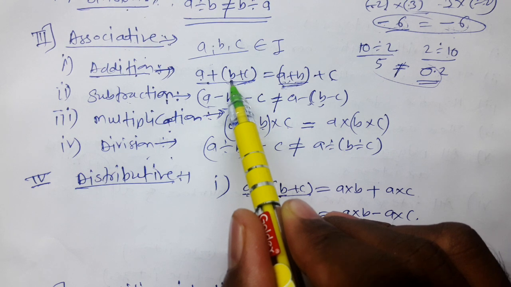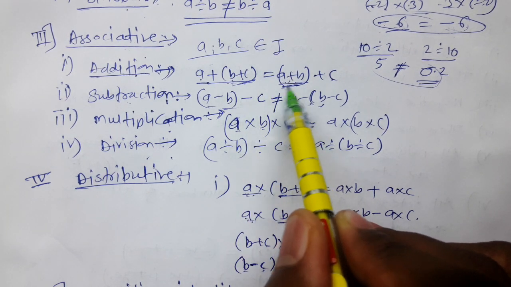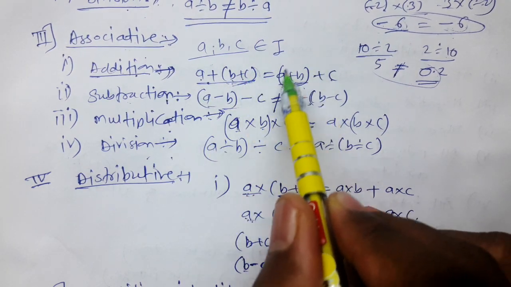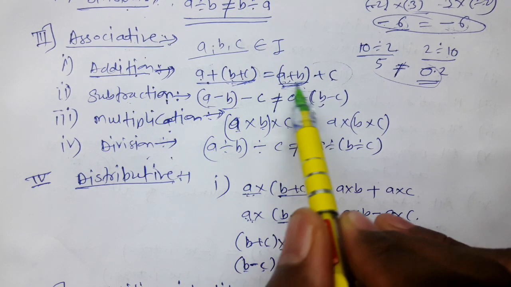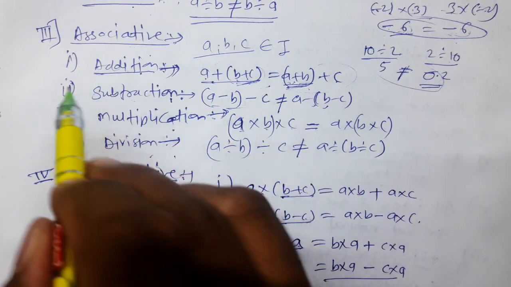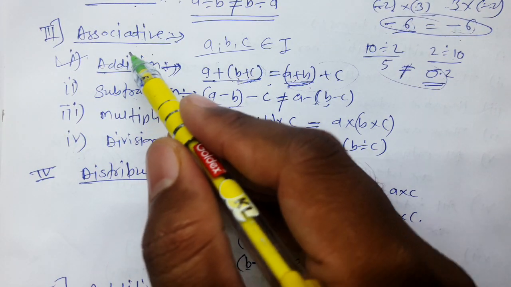First, put a bracket for b and c, and second, put the bracket for a and b, and simplify each of the expressions. In both the cases, you are getting the same result.